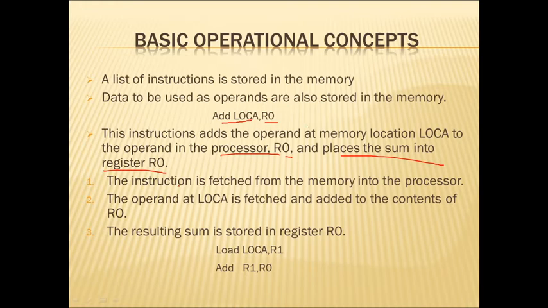Here there are 3 points on how this instruction works. We will discuss these 3 points one by one. First, the instruction is fetched or read from the memory into the processor. This is important. Any instruction is read from the memory into the processor.